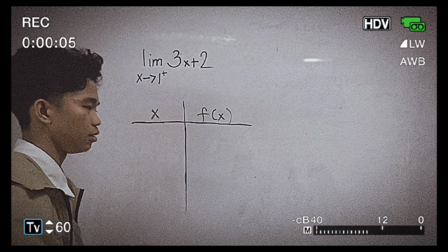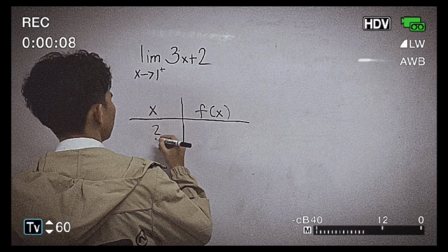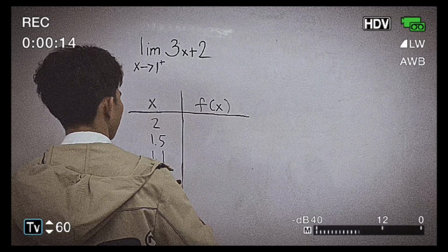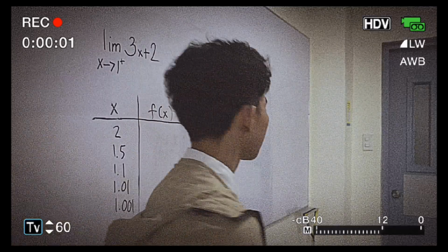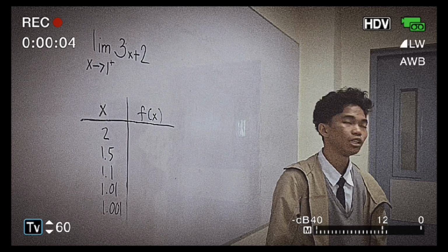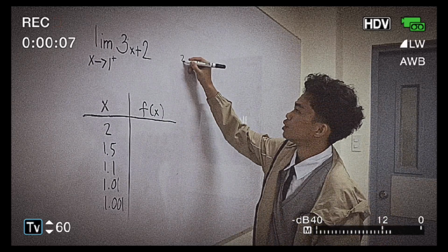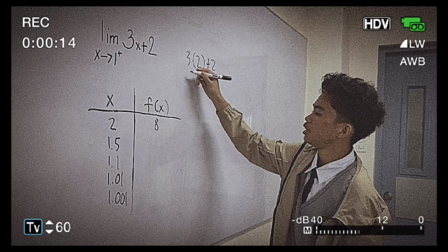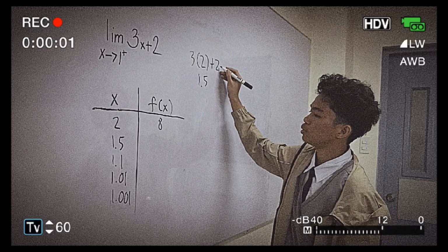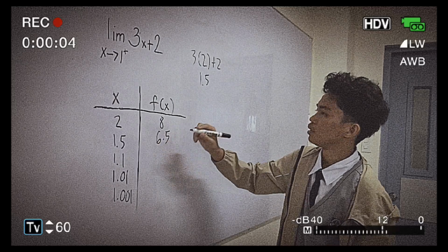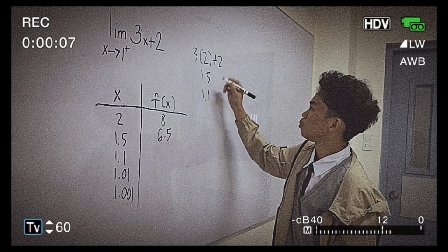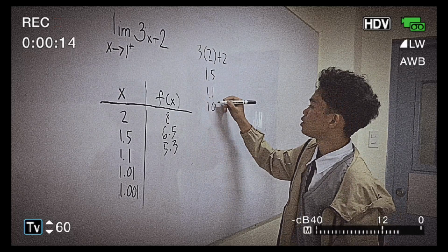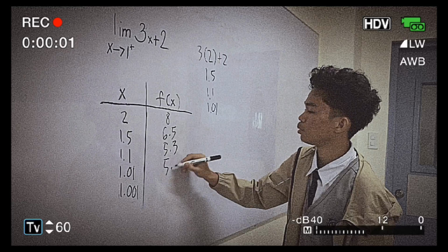Let us use the following values: 2, 1.5, 1.1, 1.01, and 1.001. Now, let's substitute. 3x plus 2 will become 3 times 2 plus 2, which equals 8. 3 times 1.5 plus 2 is 6.5. 3 times 1.1 plus 2 equals 5.3. 3 times 1.01 plus 2 equals 5.03.